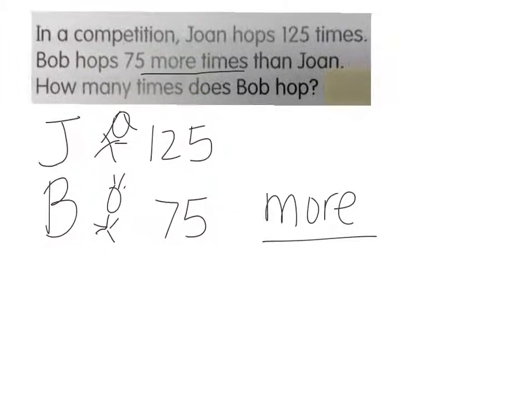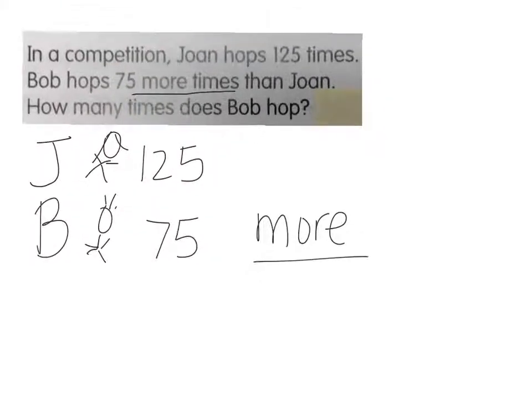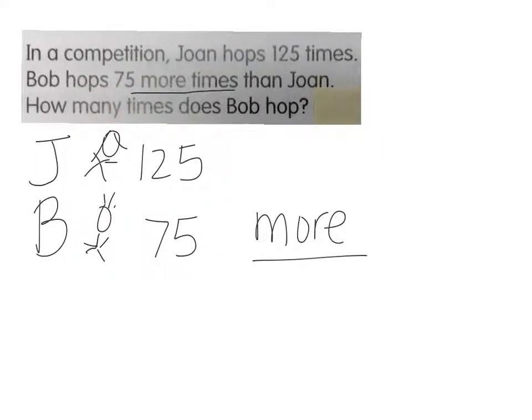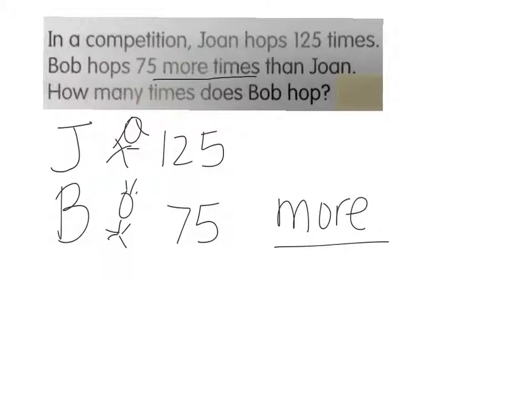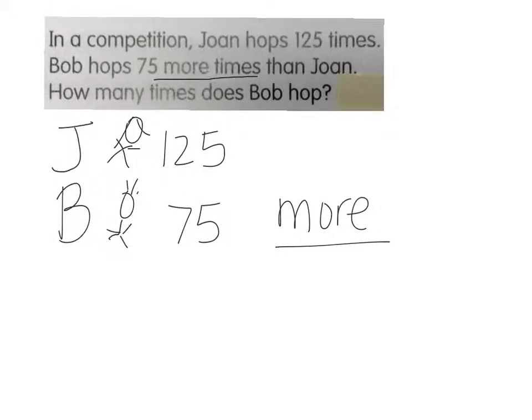Now, let's read it one more time and let's see what the question is asking us to do. In a competition, let's read it together, friends. In a competition, Joan hops 125 times. Bob hops 75 more times than Joan. How many times does Bob hop?